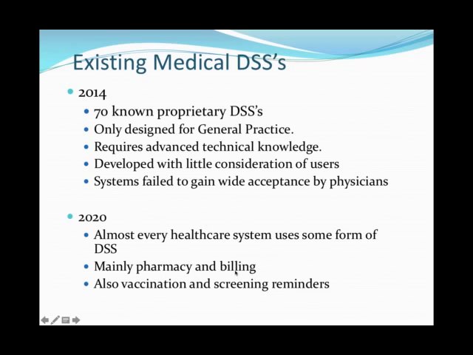In certain countries, the billing, like I was saying, how we code for what we're seeing, and then how we're deciding how much is the cost of a patient's stay in the hospital, or how much a patient's visit to the clinic costs. Also, very common are vaccination and screening reminders, like we talked about.